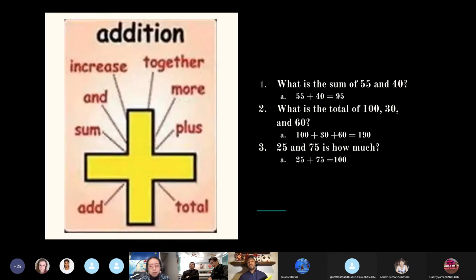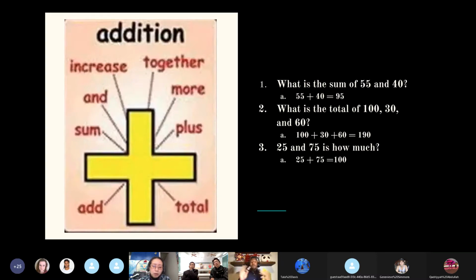So that would be how we would say that statement there. 55 plus 40 equals 95. You could also say 55 and 40 equals 95. You could say 55 together with 40 equals 95.